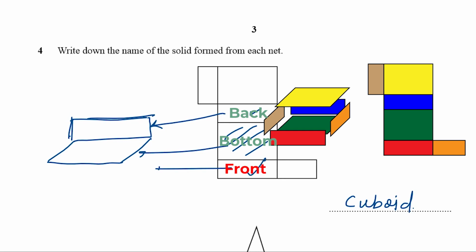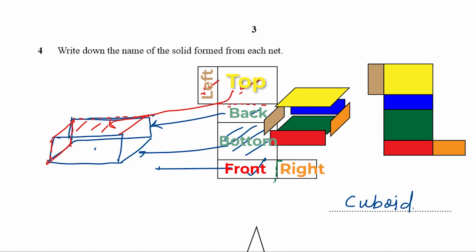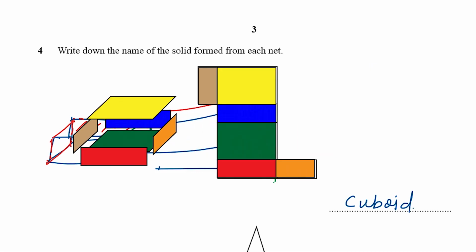For this, if we fold this, this will become folded down, this one, that will become this one. And the same way, this corner is this one, this corner is this one, and when folded backward, it will become this one. So this is the cuboid.